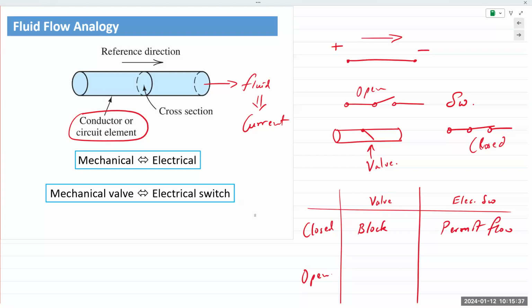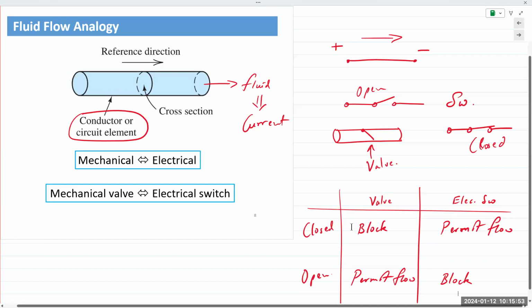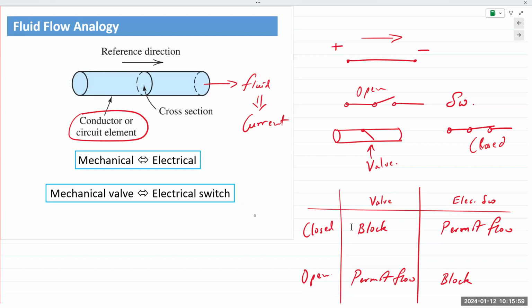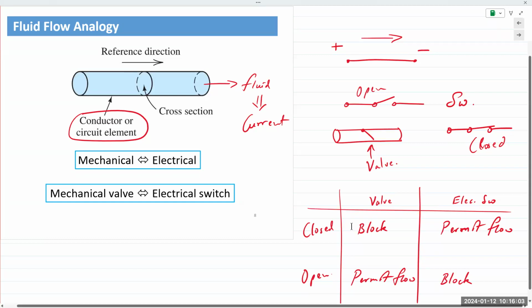And an open valve will permit flow, but an open switch is going to block the current from flowing. And that's the difference between a mechanical valve and an electrical switch. So you might have been used to terms like open valve, closed valve, but here when we talk about switches, an open switch and a closed switch mean the exact opposite. So I just like to point that out to students. Okay, make sense?